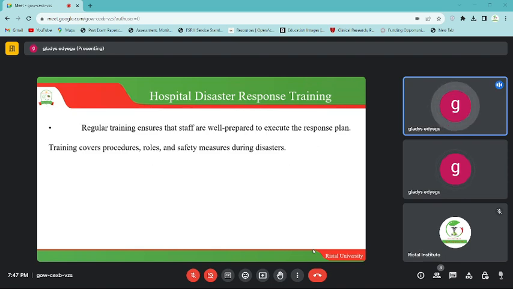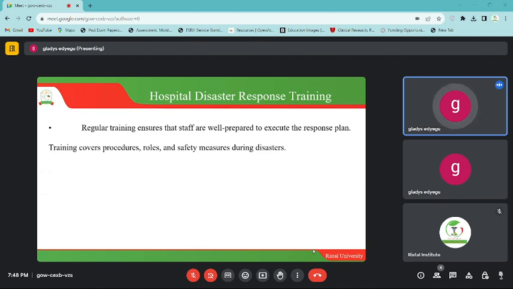So you have already developed your response plan, and when you've developed it, you need to have a trained team or staff that are able to implement that response plan. So in that way, you need to train them. When you train them, they can implement the developed plan for disaster response.